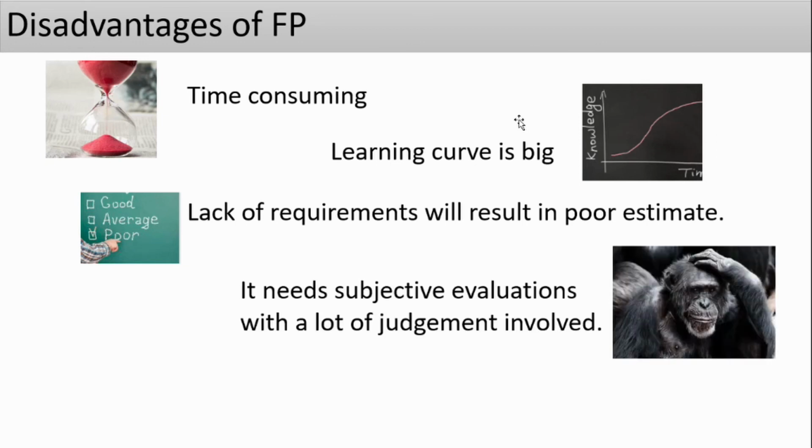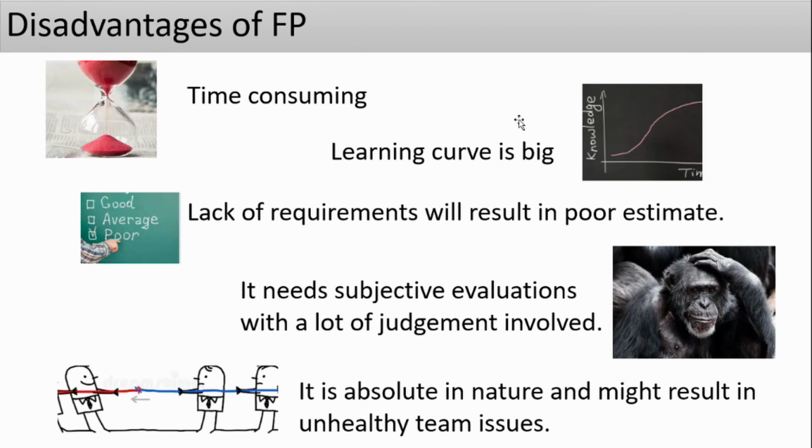The function point estimation needs subjective evaluation, which has a lot of judgment involved. Then finally, it is absolute in nature, and it might result in unhealthy team competition whenever the estimation is not agreed by one team or the other.